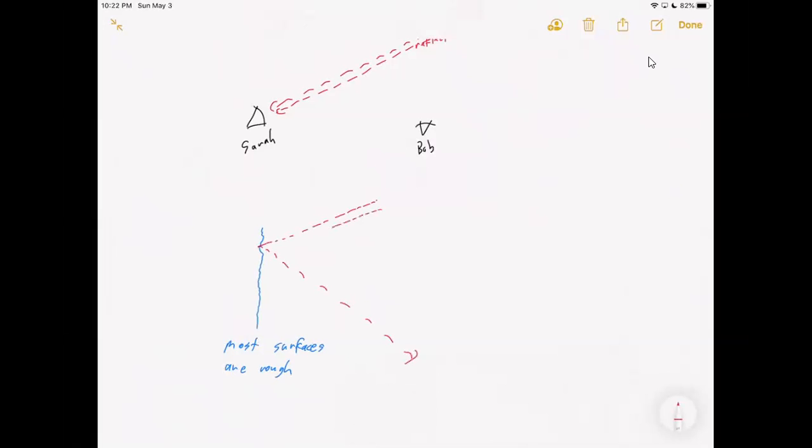Another beam of light coming in from the same direction and hits there might bounce out like that. And here's another one coming in. Who knows what that's going to do. They all come in from the same angle, because they're coming in from some source over here. They're all coming in parallel to each other, these light rays, but they bounce out in all kinds of directions.